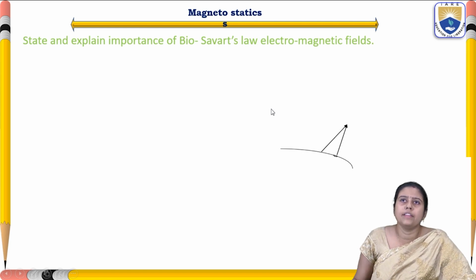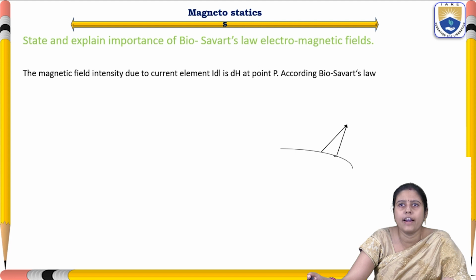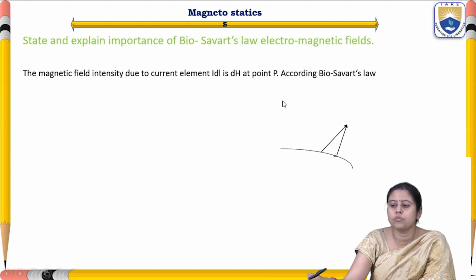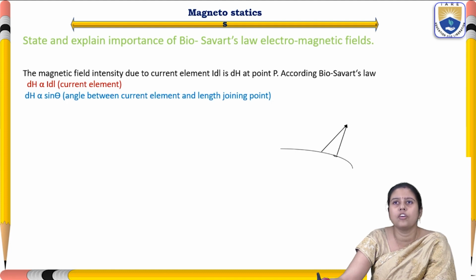Now, state and explain the importance of the Biot-Savart law. So what is the Biot-Savart law? The magnetic field intensity due to a current element I dl is dH, and according to the Biot-Savart law, dH is directly proportional to I dl. dH is directly proportional to sin theta, where theta is the angle between the current element and the line joining the point.